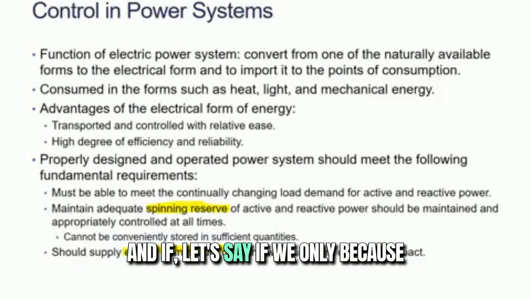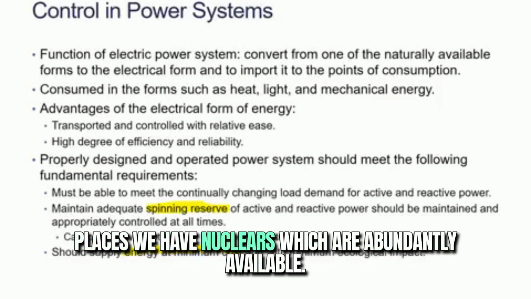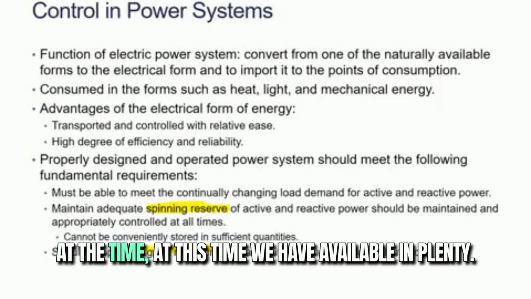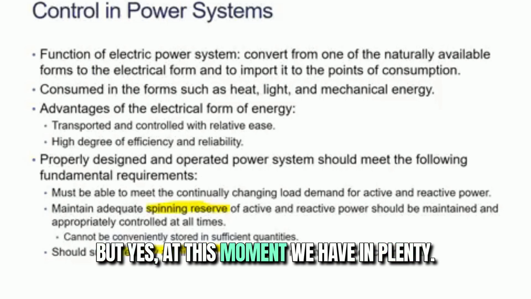And you can think that at many places we have nuclear, which is abundantly available. Also we have diesel and gas, which at this time we have available in plenty, but obviously it is day by day depleting. But yes, at this moment we have it in plenty.